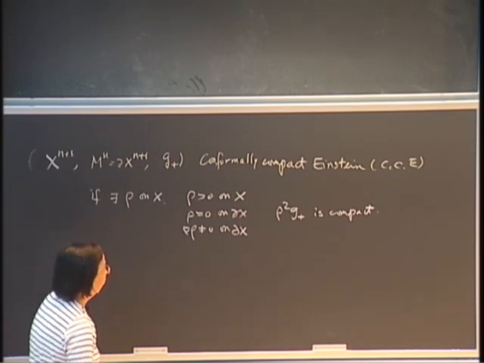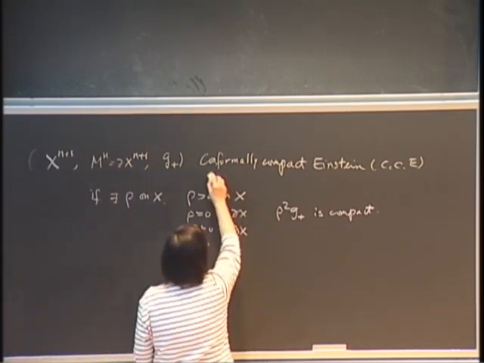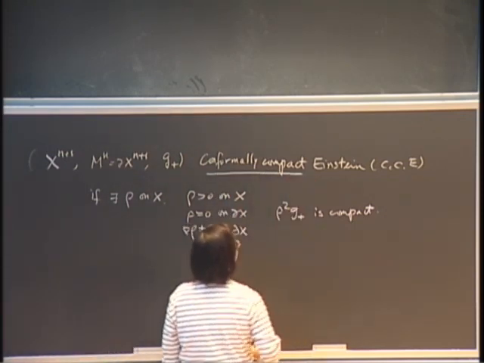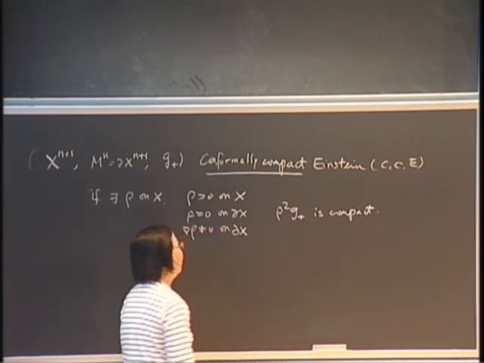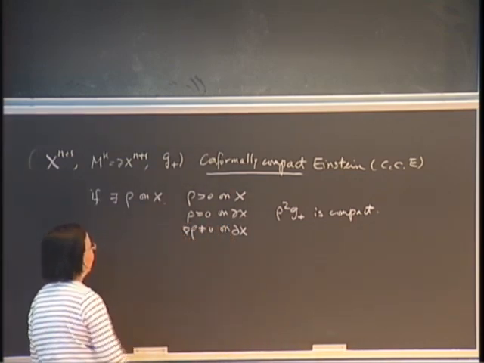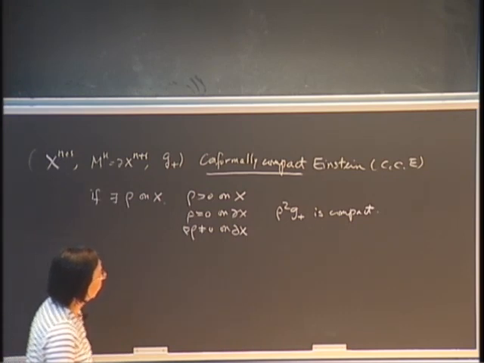And then, as this explains, conformally compact: multiplied by some function which declines to 0 on the boundary, it is compact.